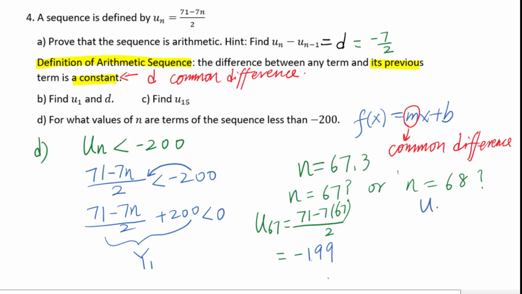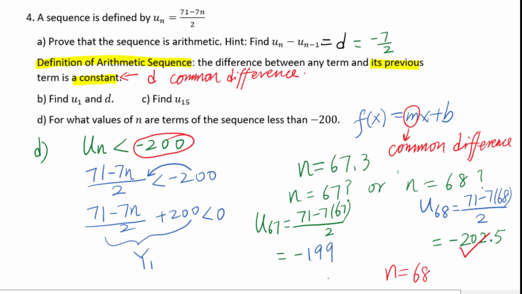For u sub 68 equals (71 minus 7 times 68) over 2 equals negative 202.5. Since we are looking for the value less than negative 200, this will be the correct answer. Therefore, n equals 68 is the solution to D.